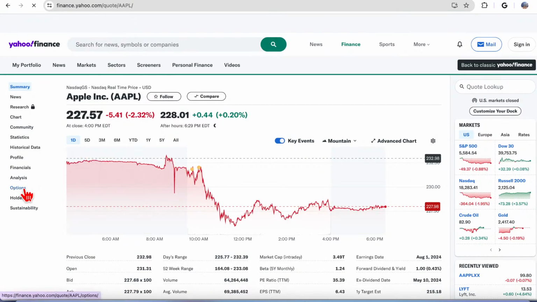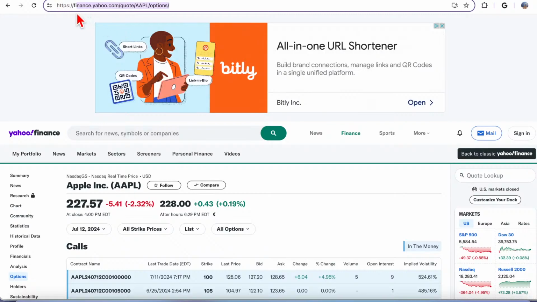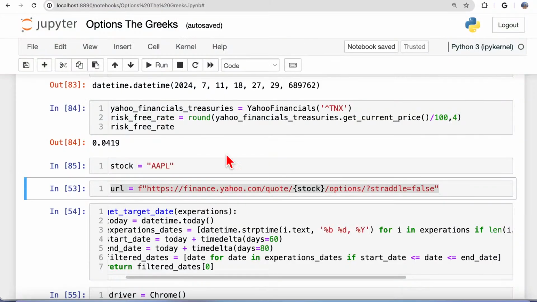If we go to options, you see that's the URL. That's the URL, finance.yahoo.com, Apple options. So that's what I'm trying to do here. So basically I want to replace the stock because right now I care about Apple, and later on maybe I want to switch to some other stock, all right?